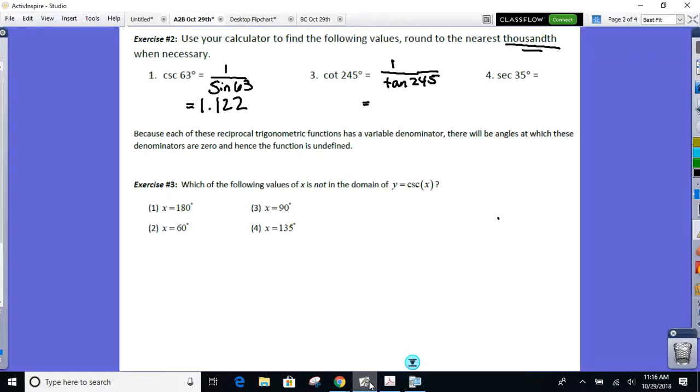What do you have? 0.466. That is 1,000. Right? 3 after, you look at the fourth one to see if you round or not.